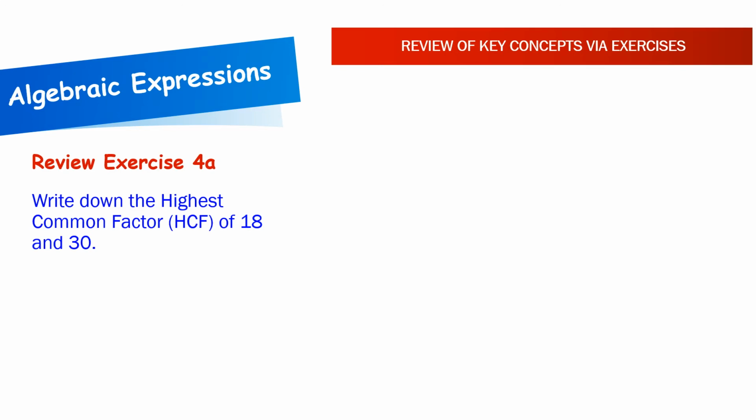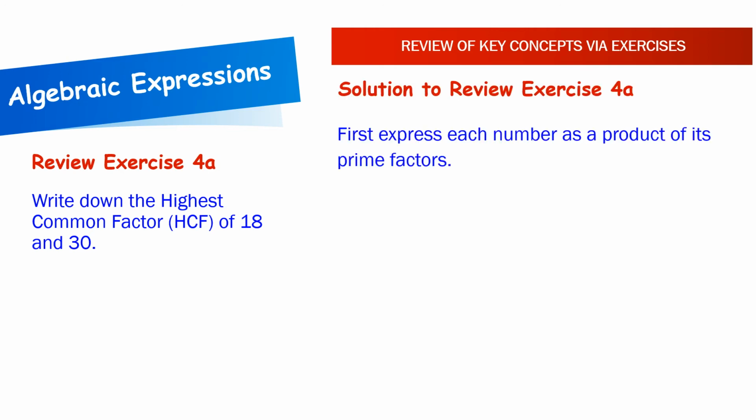Now let's have a go at review exercise 4a. Write down the highest common factor of 18 and 30. We first express each number as a product of its prime factors. So 18 equals 2 times 3 times 3, and 30 equals 3 times 10, which is equal to 3 times 2 times 5.